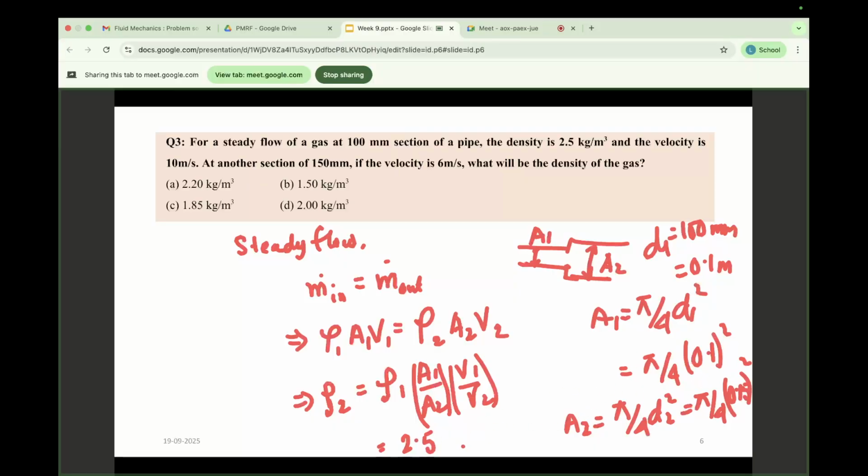A1 by A2 means 0.1 by 0.15, both whole square, and V1 is, is V1 given? Yes, V1 is 10 and V2 is 6. So now I have to calculate this value. Let us check. You also calculate. Let me calculate.